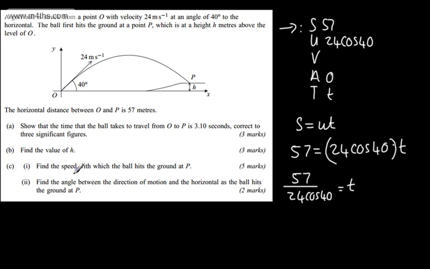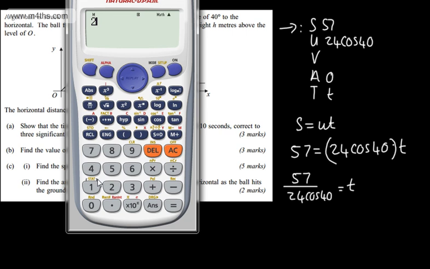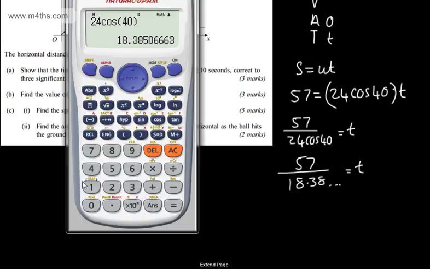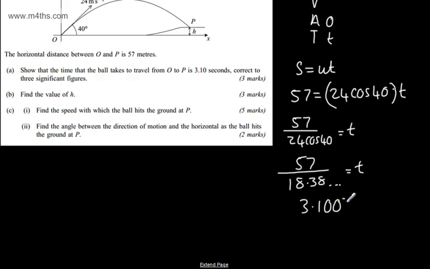Now we can show these values on a calculator. 24 cos 40 gives me 18.38, so 57 over 18.38 is equal to t. If we do 57 divided by my answer, we get 3.1003 and so on is the time. So that's all we need to do on that bit.